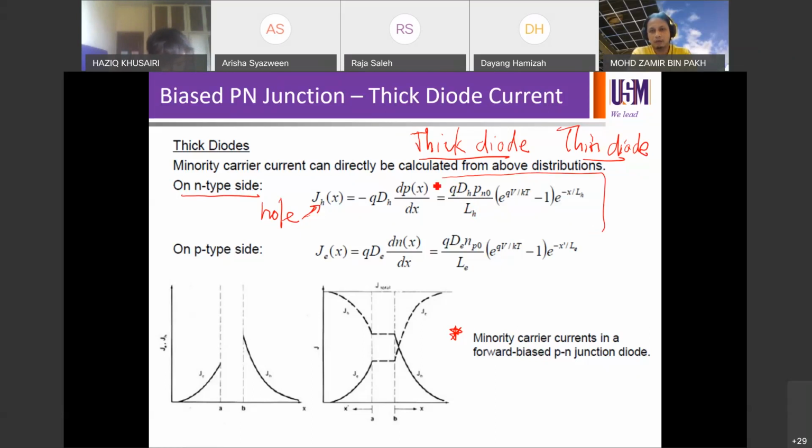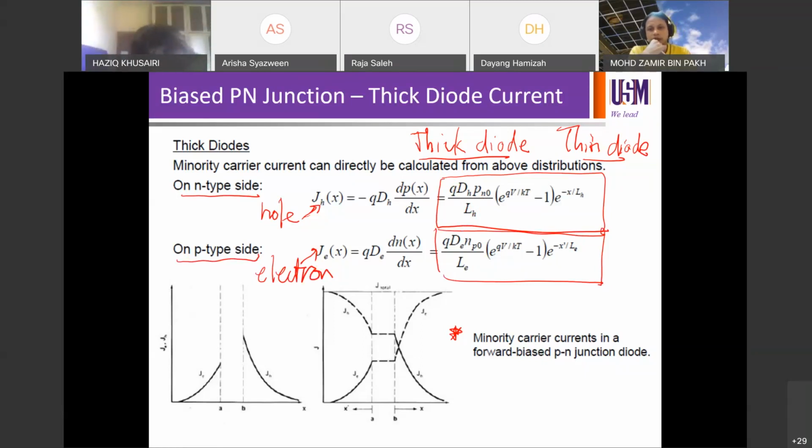On the other hand, on the P side, we are talking about the electron current density due to diffusion, so JE is given by QDE dn/dx, and the same thing is given by QDE, the diffusivity of the electron, times the minority carrier electron concentration in p-type at thermal equilibrium over the diffusion length, times this component, right?